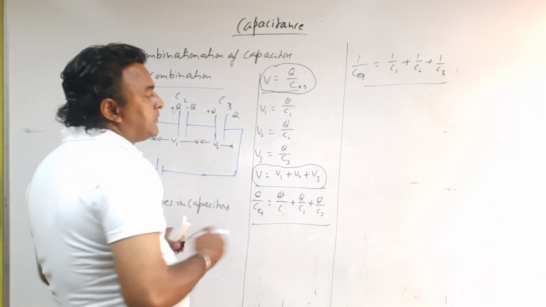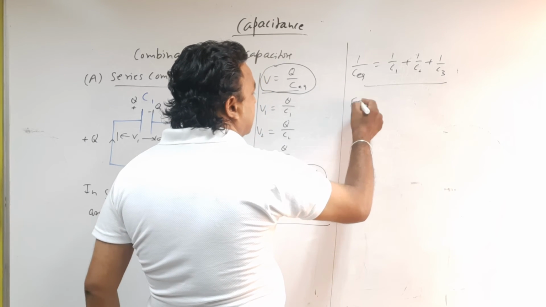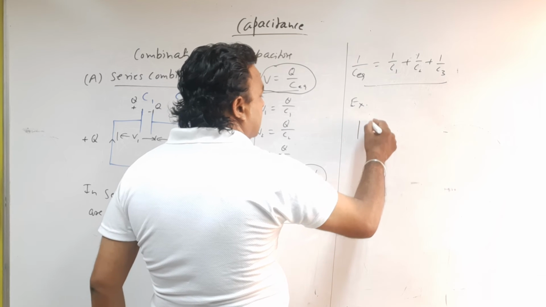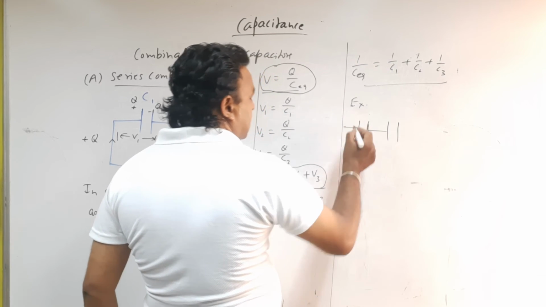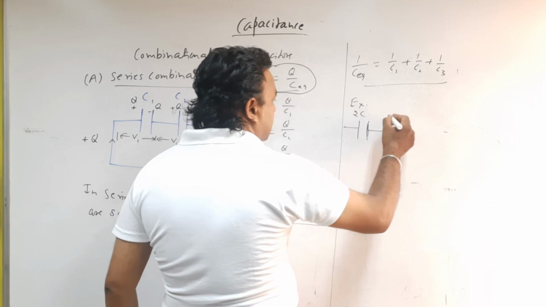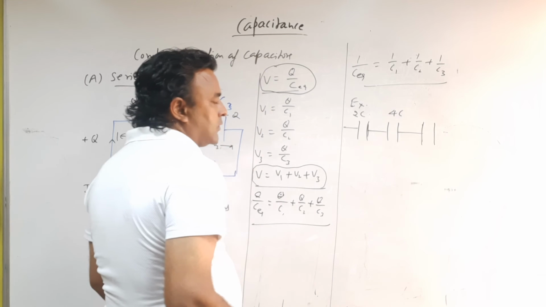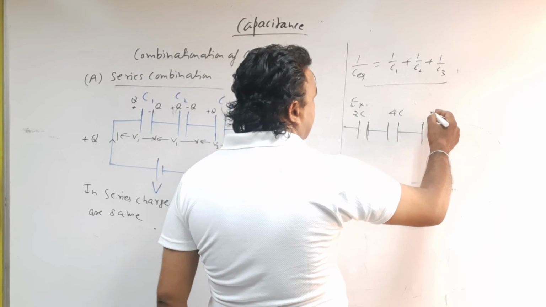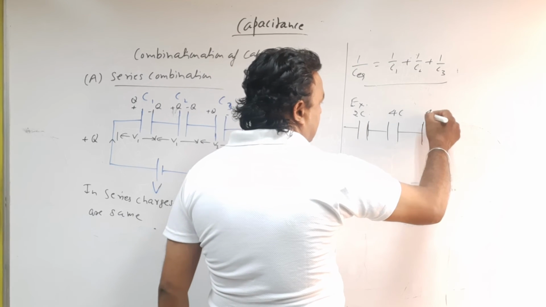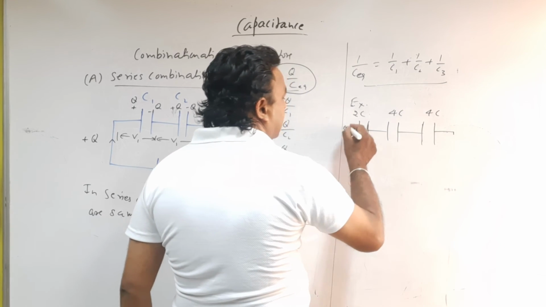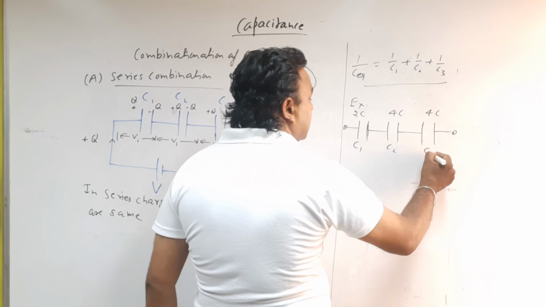For example, just for an example, if I take a capacitance of 2C, this is 4C, and this is again 4C. Now what will be the equivalent capacitance? This is C1, C2, C3.